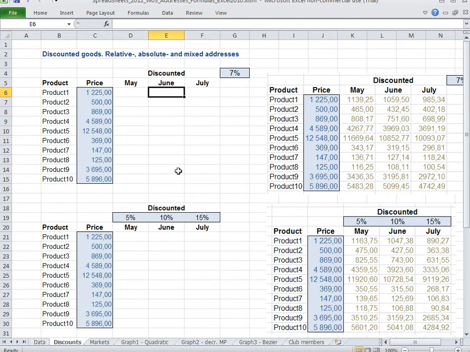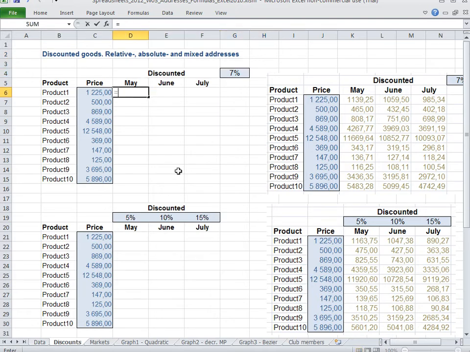Remember that 7% was 0,07, which means that if we discount by 7%, we will have 93% remaining of the price, which means that we basically want to multiply the price with 0,93. That's what will do the discounting.